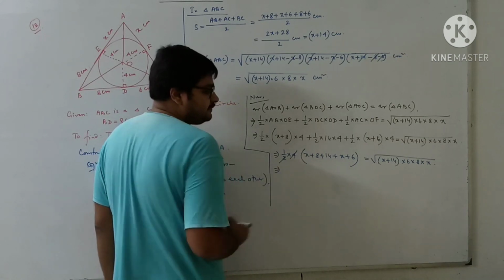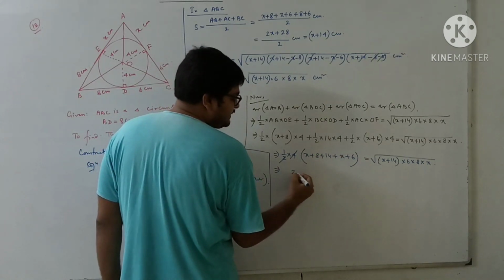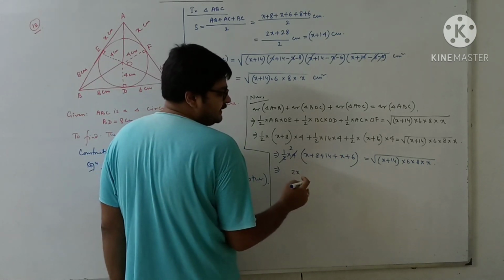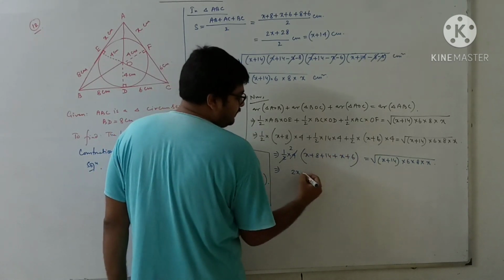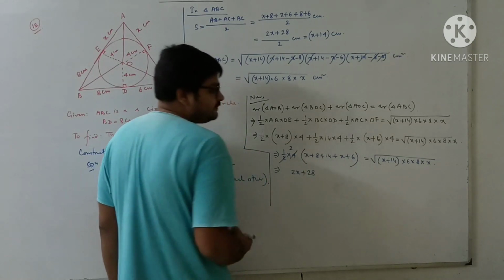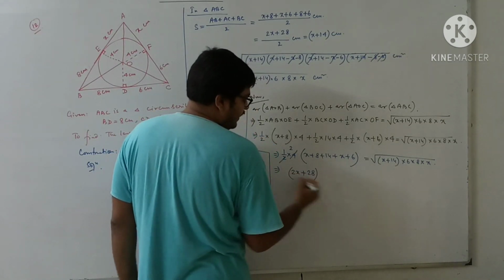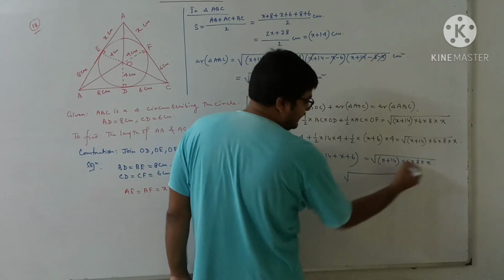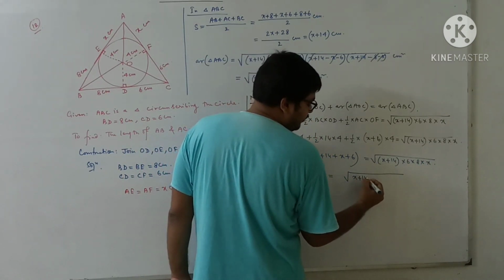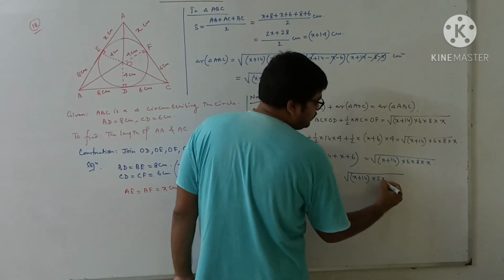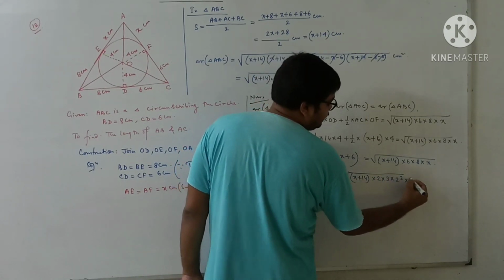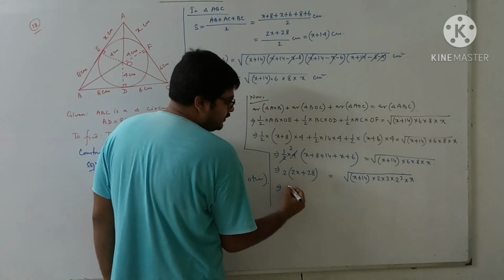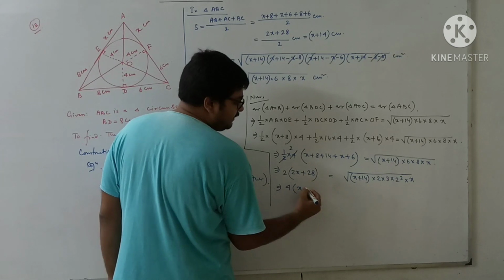Cancelling, so it's coming 2x plus 28, outside 1 2 is here. Here we can write it as x plus 14 into 2 into 3 into 2 cube into x. From this we can take common 2, so it is becoming 2 to the 4, here becoming x plus 14.